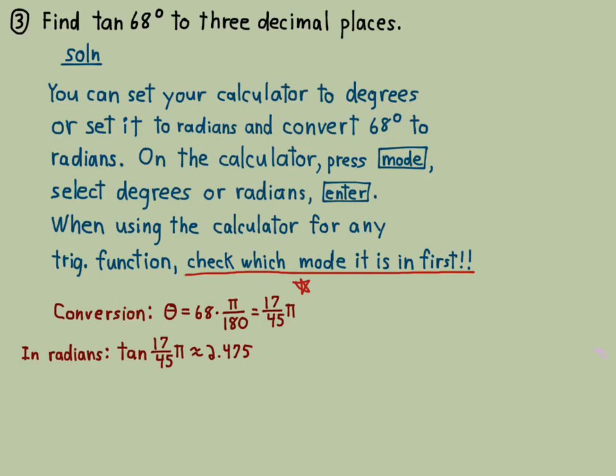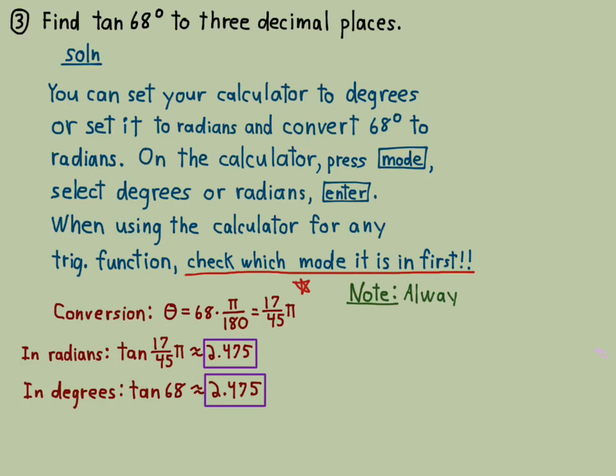Now, if I calculated this in degrees, as long as my mode was in degrees, so here I have my mode in radians, okay? If I did the mode in degrees and just used 68, I would get the same number. So you just have to make sure the mode in your calculator matches up with what you're doing. Okay, so you have to pay attention to whether it's radians or degrees.